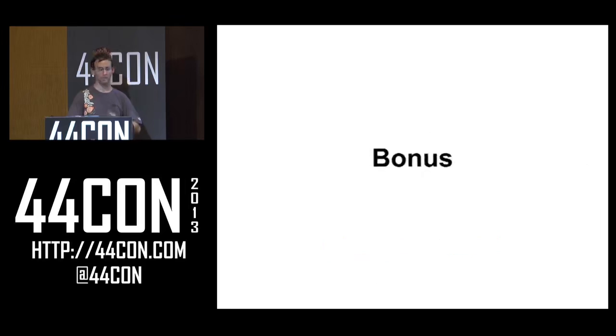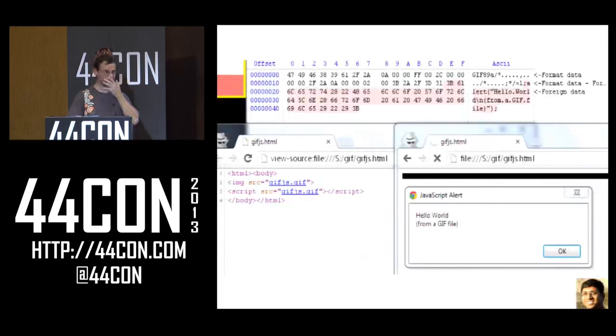A bonus, because people often make reference to it. This is from Shomil Shah. I don't know how to pronounce it. It was inspired by his work: you make a GIF that also has embedded JavaScript. The trick here is to make one of the first binary data of a GIF a valid open comment value.